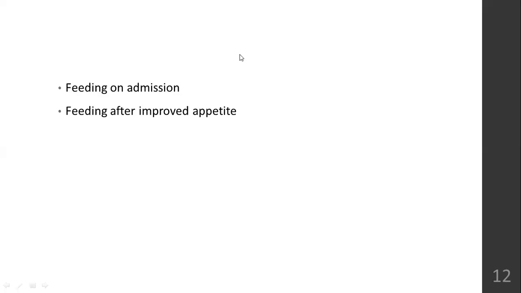Usually within 2 to 7 days of admission, the child will move into this improved appetite phase. The child will be hungry, so this is where formula 100 will be given. In feeding on admission, usually formula 75 is given, because you don't want to overload the child with calories. Once the child is a little bit stable within 1 or 2 days, the child will be given formula 100.